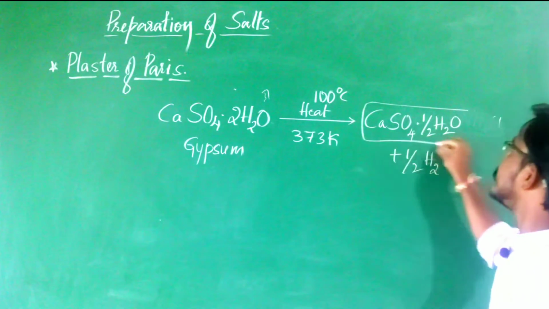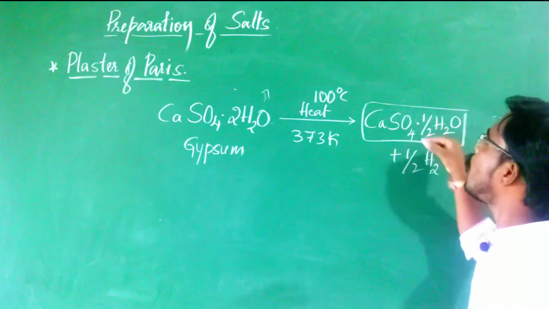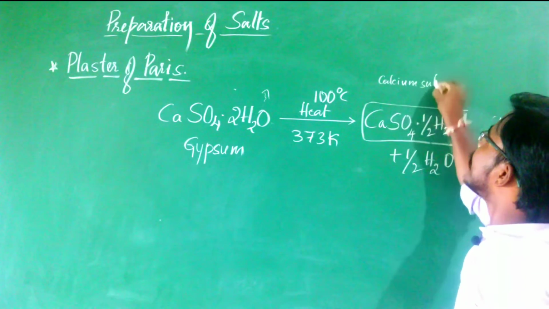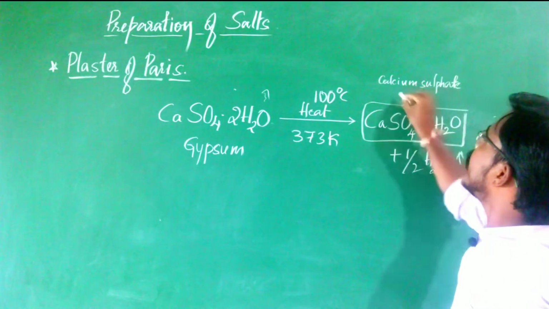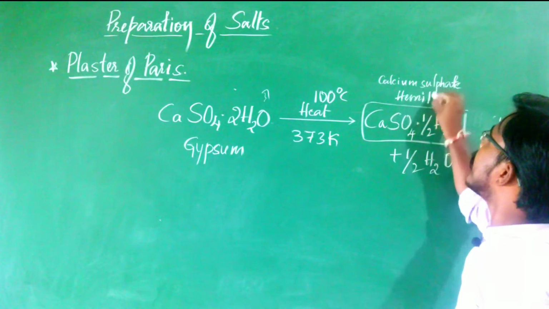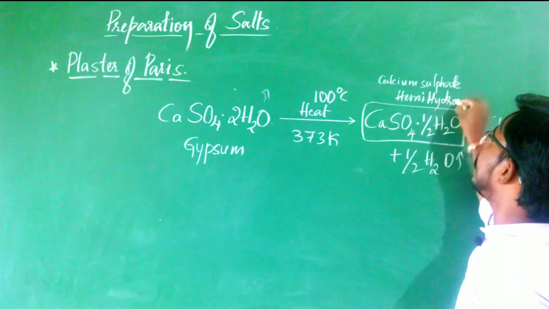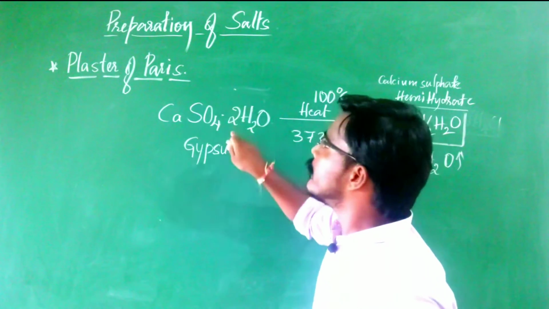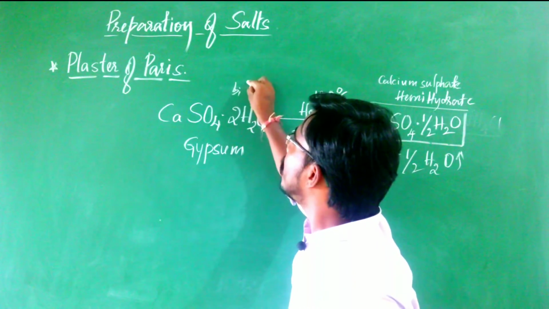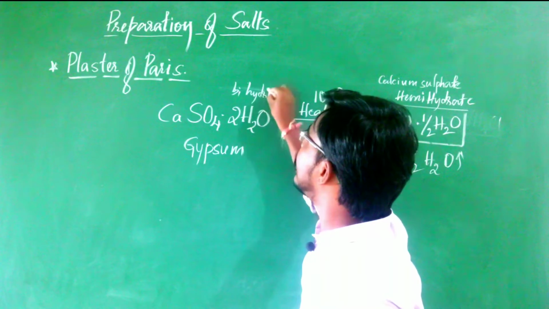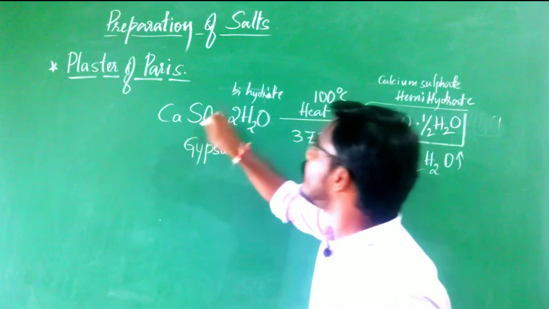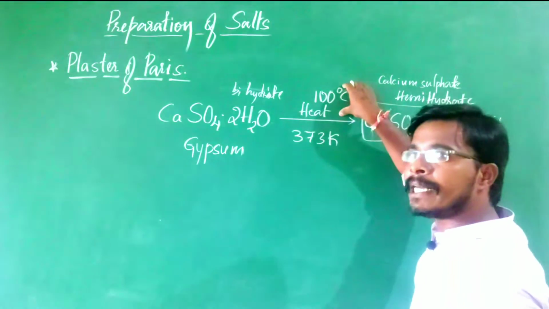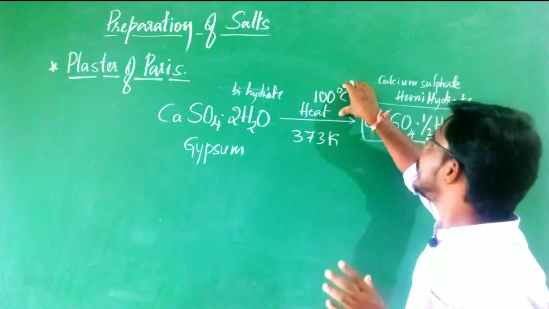So this calcium sulfate with 1/2 molecule of water is called calcium sulfate hemihydrate. Hemi means half a molecule of water. Here two molecules are there. These two molecules are nothing but dihydrate: calcium sulfate dihydrate. It is heated at exactly 100 degrees Celsius.